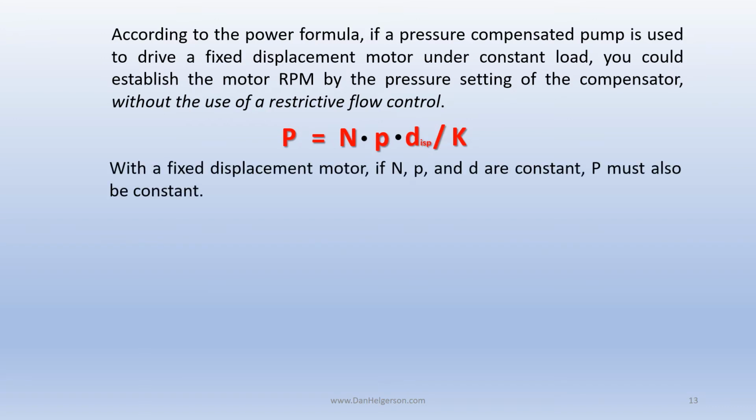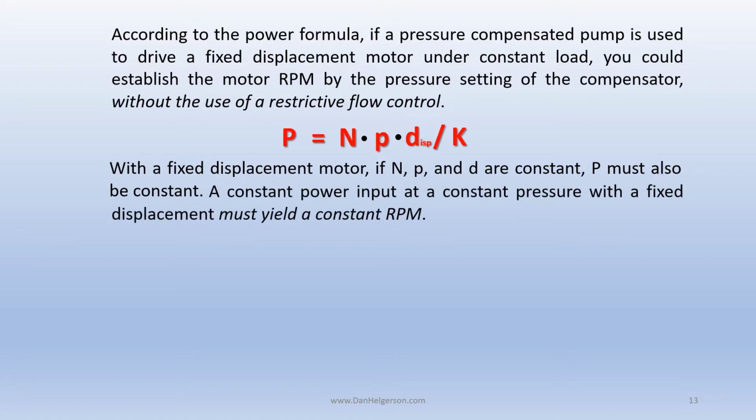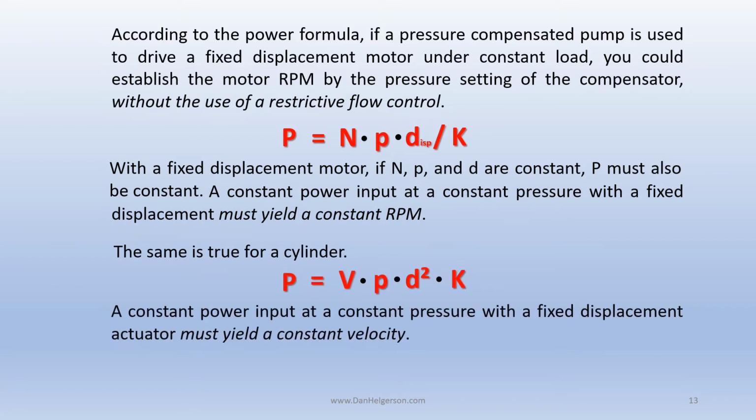With a fixed displacement motor, if N, P, and D are constant, P must also be constant. A constant power input at a constant pressure with a fixed displacement must yield a constant RPM. And the same is true for the cylinder. A constant power input at a constant pressure with a fixed displacement actuator must yield a constant velocity.